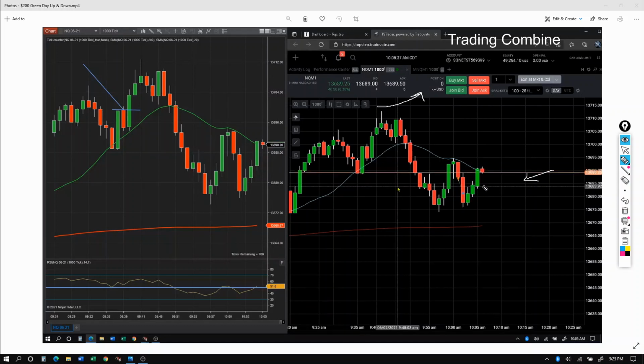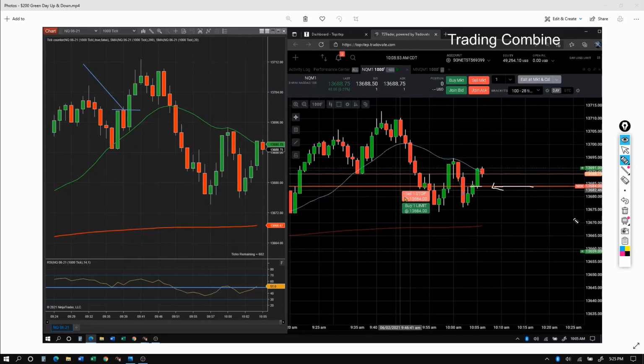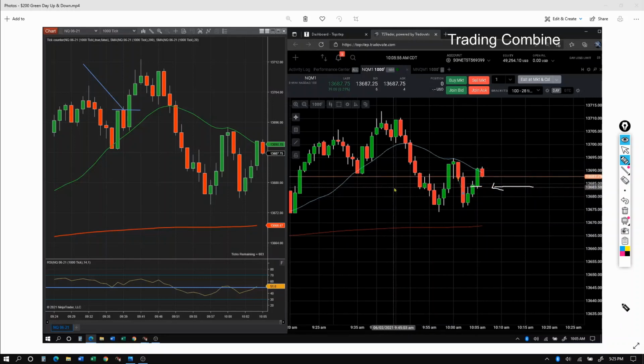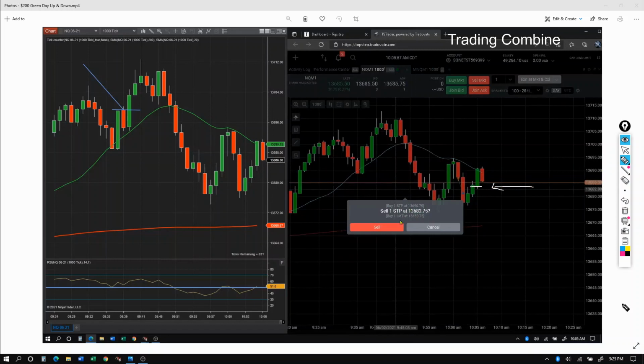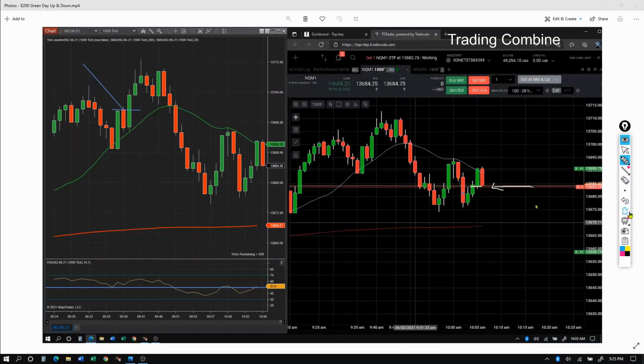And the next trade, buyers push back up to the 20 moving average, and I'm looking for the break of this green candle for my entry. You can even see that I have my cursor ready. Okay, so I just got in.